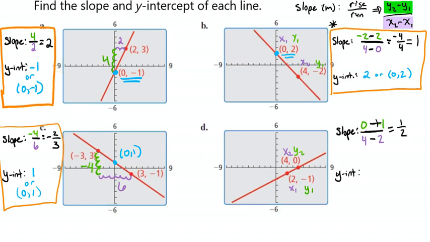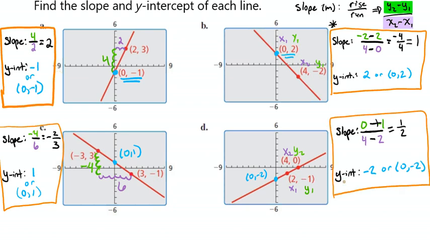My y-intercept, it looks like it's crossing right here at 0, -2. So -2 or 0, -2. And now we've found our slope and our y-intercept for that graph.